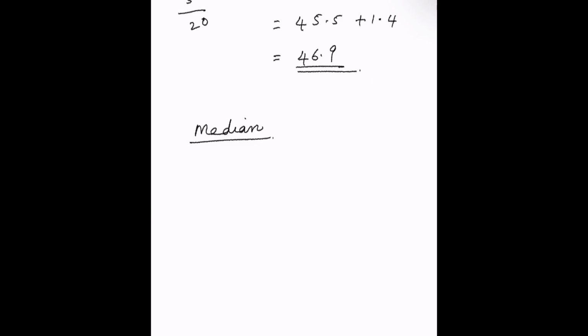Now the formula, you can just note down here. If n is odd, n is number of observations, then median is equal to n plus 1 divided by 2 term. I'll explain this at the moment. You just write this down.